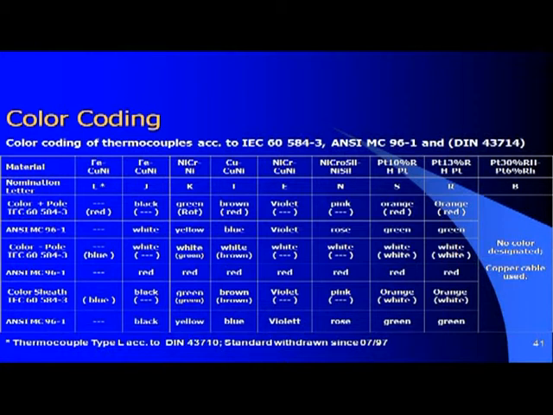For some selected customers, my previous company still has in stock a cable with the old color coding, but now it runs short. You see, the main difference is between the MC96-1 and the 60584-3.